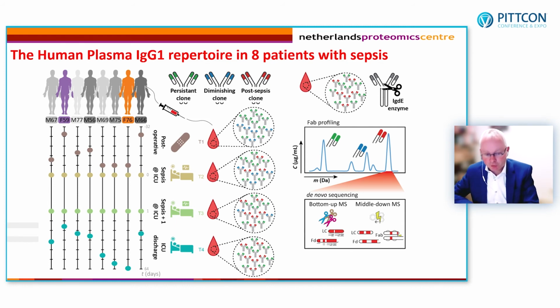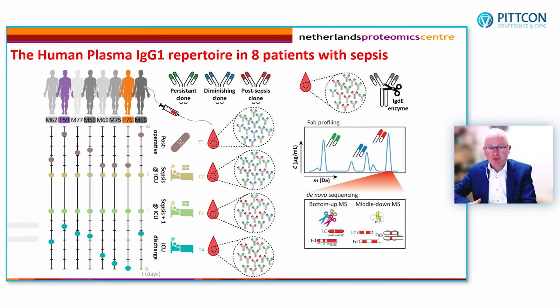I won't go into much detail, but we measured these clonal profiles, and the clonal profiles of a given person remained unique, remained relatively stable, although there was also dynamics in the clones. Some clones came up in intensity, some clones went down in intensity. And of course, the clones coming up may be antibodies that are only produced when the person has seen the pathogen that caused the infection.